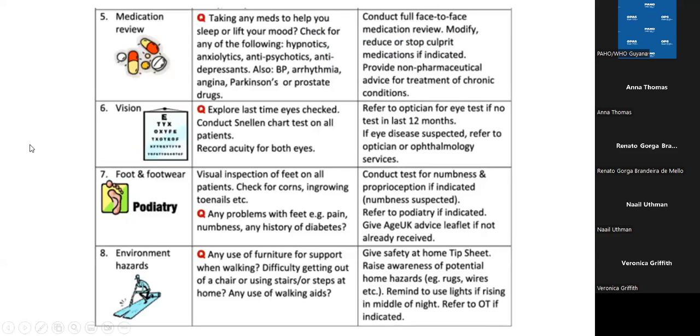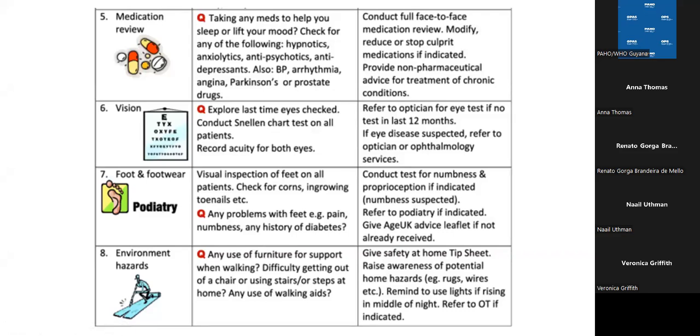Review medication. Medication review is very important. Ask if they are taking any meds to help them sleep or lift their mood. So sleeping pills are the enemy here.